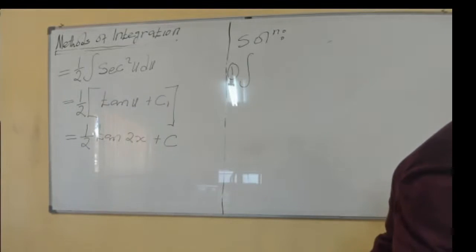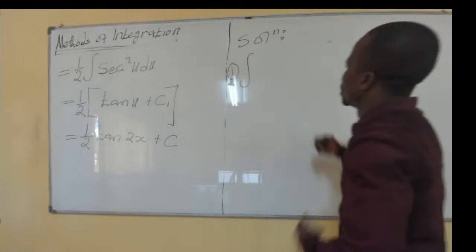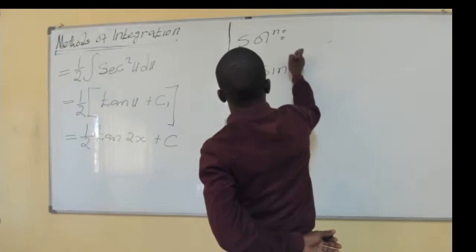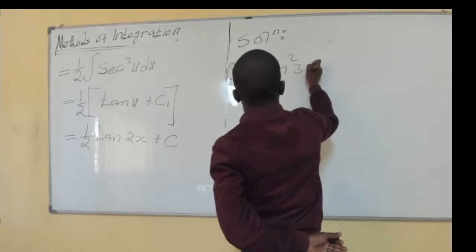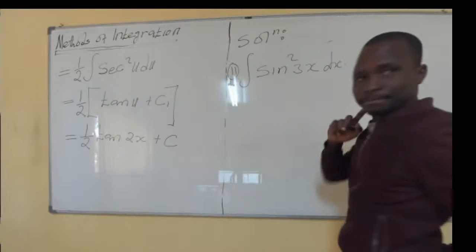Now let's go to the next question, which involves, they're saying find number 2, the integral of sine squared of 3x dx.